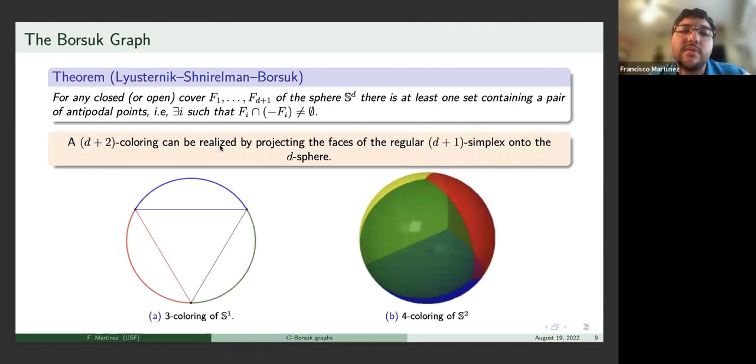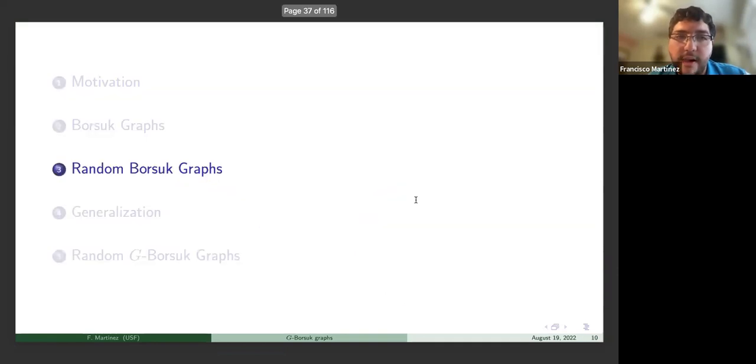The d plus 2 coloring can be realized by projecting the faces of the (d+1)-simplex. For the one-dimensional sphere, we project the faces of a triangle, and for the two-dimensional sphere, we project the 4 faces of a tetrahedron, etc. We see that they agree with each other, so that gives us the chromatic number.